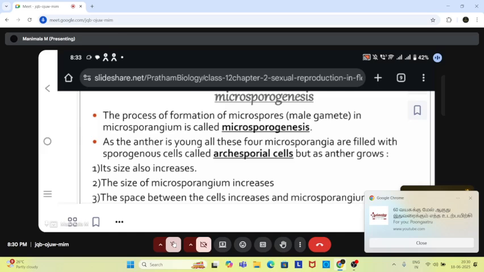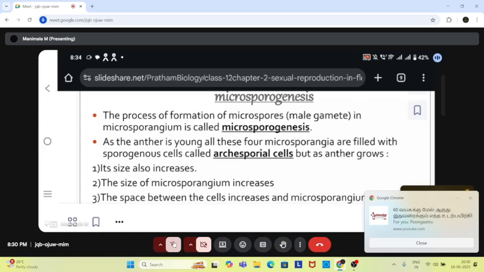This sporogenous tissue undergoes meiotic division, not mitotic, meiosis. And it produces microspore tetrads. Microspore tetrads are formed.